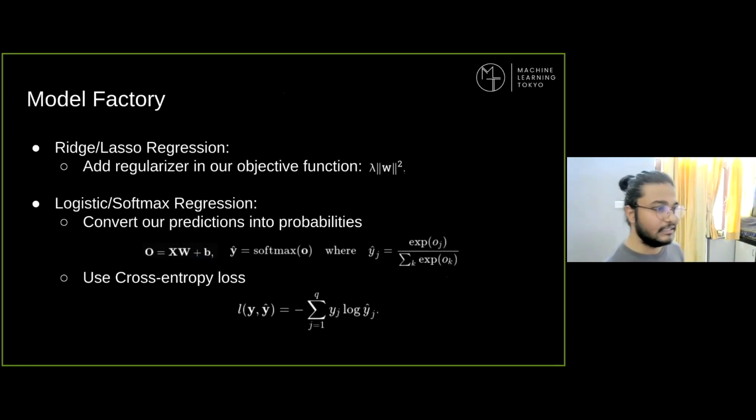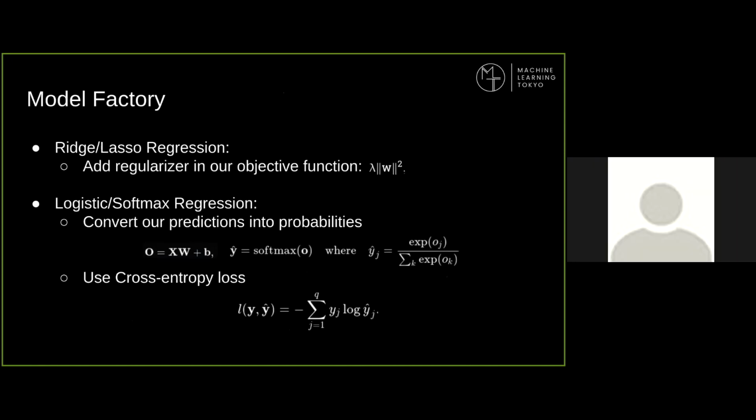Similarly, we can manipulate our model library as we want. Like for example, in order to get rid of overfitting, we can add regularization, which leads us to ridge regression and lasso regression that you might have heard of.